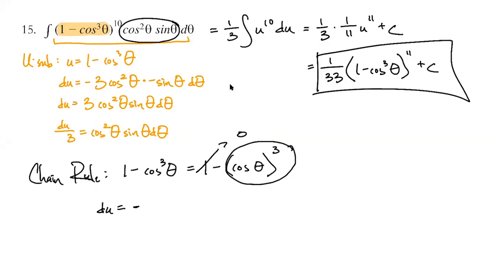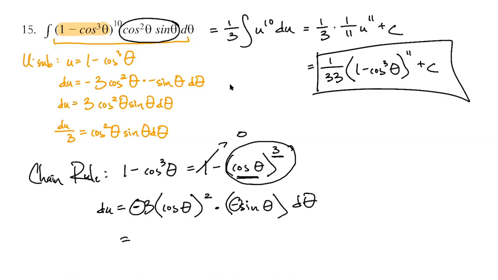Chain rule says we take the derivative of the outside part, so 3 cosine theta squared, and we don't change the inside. Then we multiply that by the derivative of the inside. The derivative of cosine is negative sine theta. When we clean this all up, a negative and a negative make a positive 3.